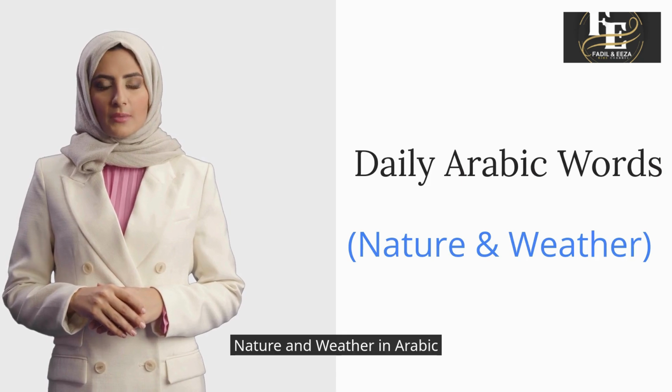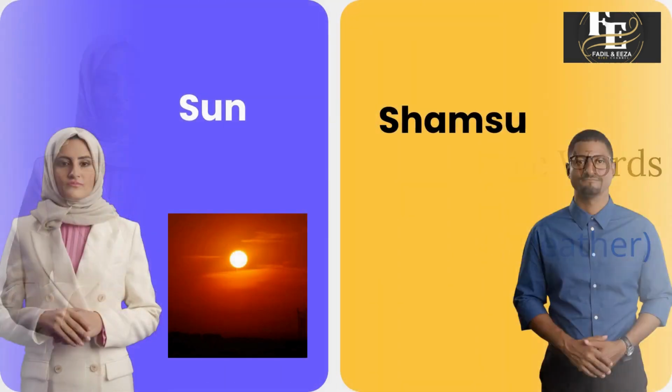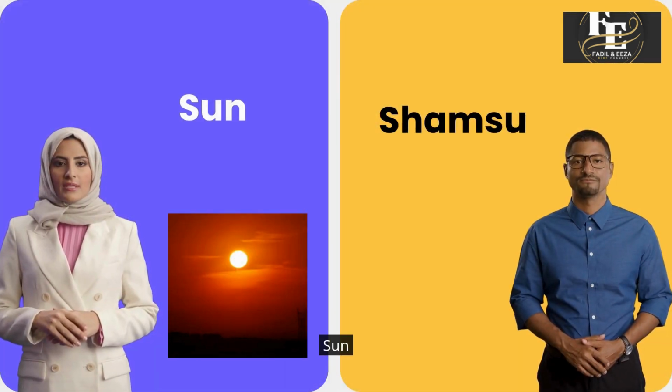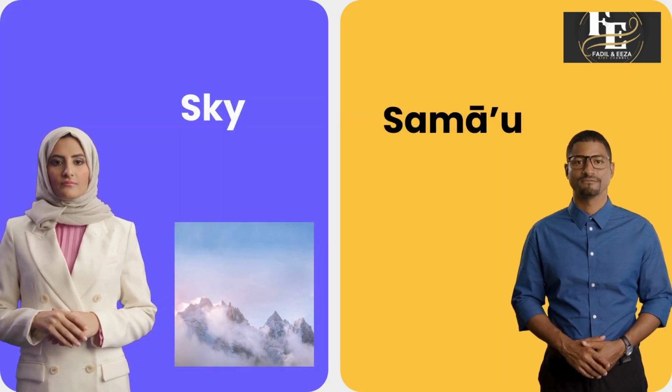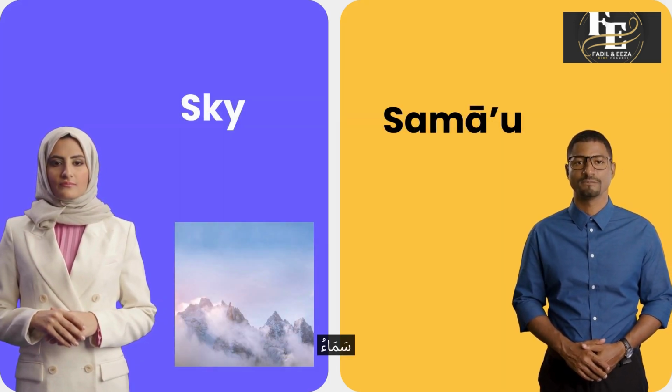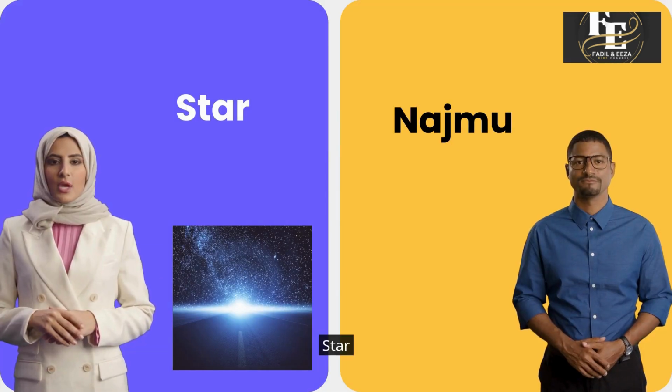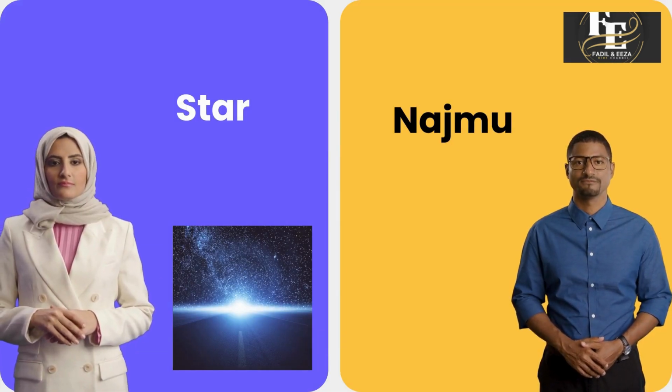Nature and weather in Arabic. Sun, شمس. Sky, سماء. Star, نجم. Cloud, غيمة.